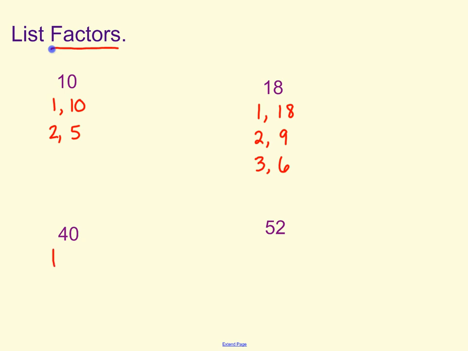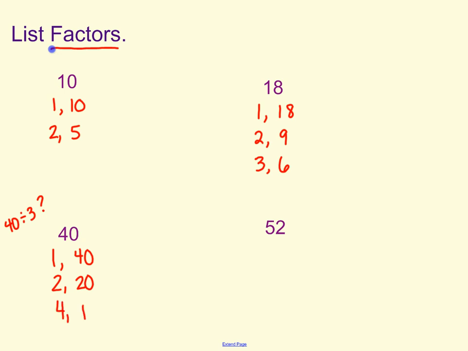Factors of 40, starting with 1, we have 1 and 40. 2 goes in because 40 is even, 2 times 20. 3 does not fit in. Again, if you're not sure, grab your calculator and check. Does 40 divide by 3? And you'll see that it does not divide evenly. You'll get some decimal answer. 4 does fit in.